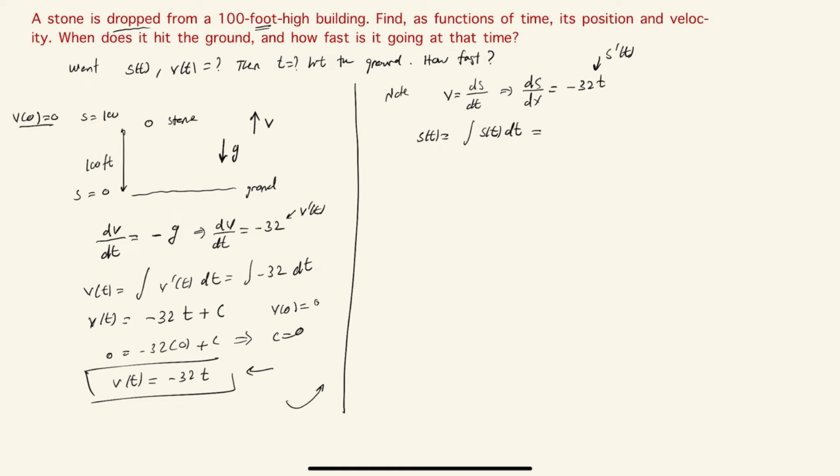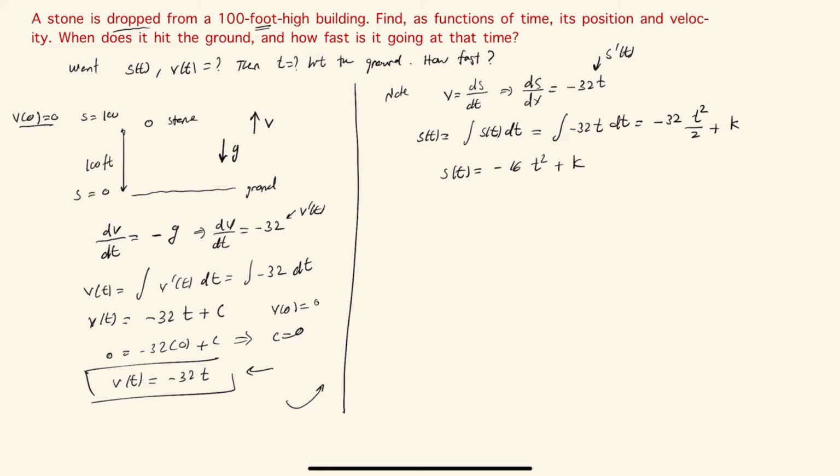That's going to be equal to the integral of minus 32t dt. That's going to be minus 32 multiplied by the antiderivative of t, which is t squared over 2, and then plus a constant, which is k in this case. Therefore, s of t is going to be equal to minus 16t squared plus k.